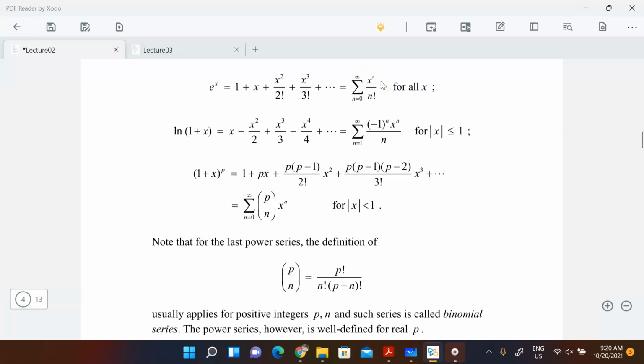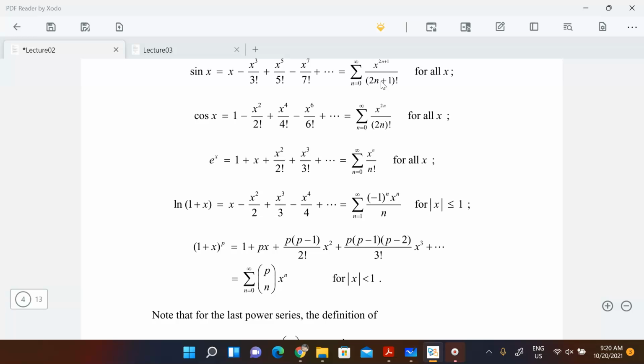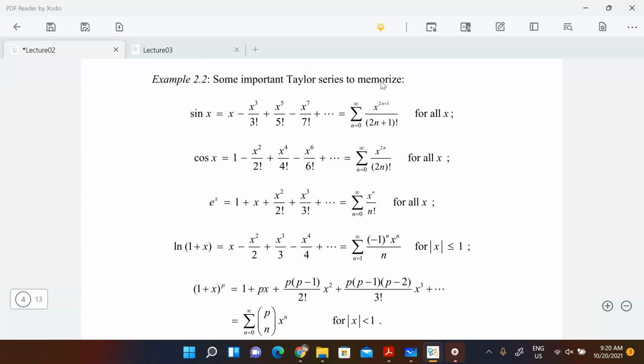For sine x, there are only odd powers, and cosine x has only even powers. There's a reason for this: if you remember, the property sine of minus x equals minus sine x follows from the power series, because minus x to the odd power always gives the minus sign.